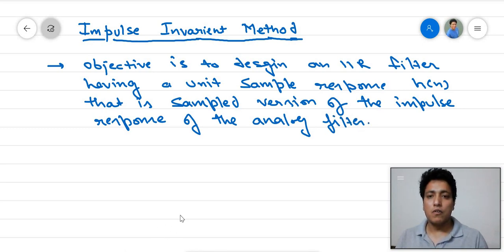So in the previous case we used derivative approximation. In this case we will use the impulse invariant method.